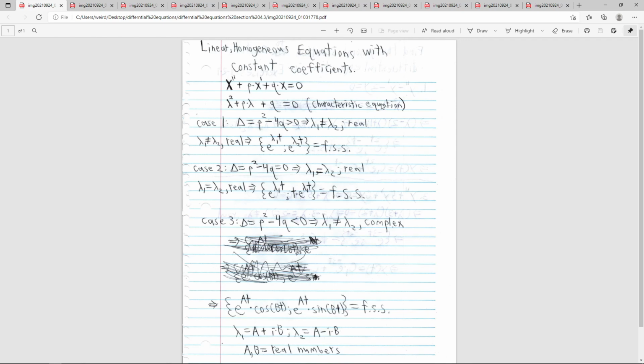But yeah, you can write it as a characteristic equation here and solve for lambda. And that determines your solutions, basically, what your lambda values are. You'll get two of them since we're solving a quadratic equation.